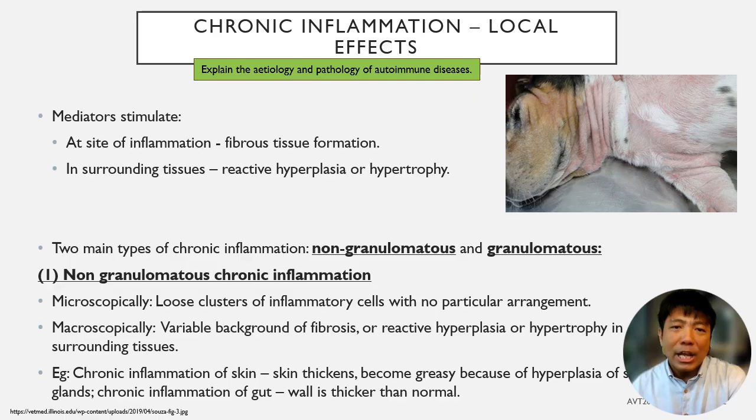For instance, in chronic skin inflammation, the skin can become thickened and greasy due to the hyperplasia of the skin glands. In the gut, chronic inflammation thickens the intestinal walls, impairing nutrient absorption and leading to symptoms like diarrhea and weight loss.